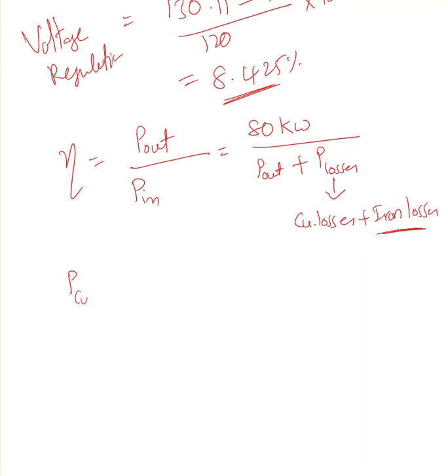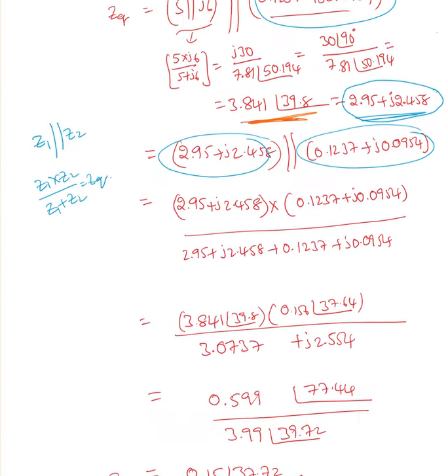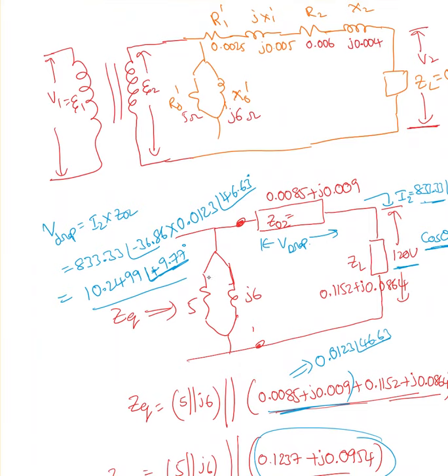Where is the copper winding in this transformer? Wherever you see resistance, that's a copper wire. That's one, this is another one. I know the current passing through this is 833.33 ampere.